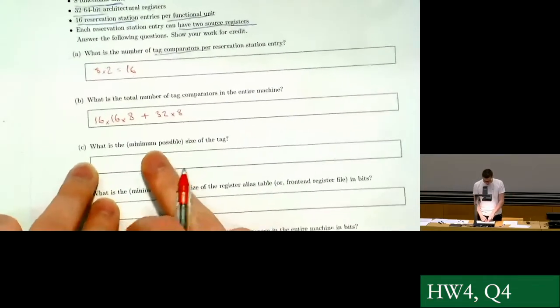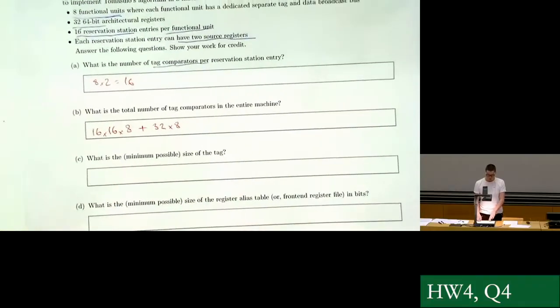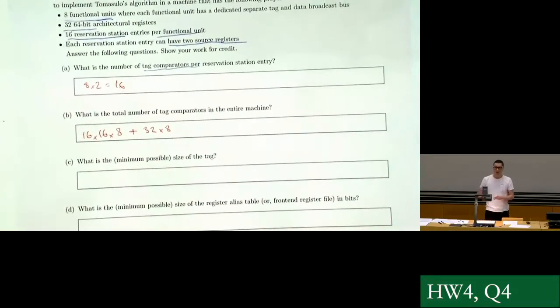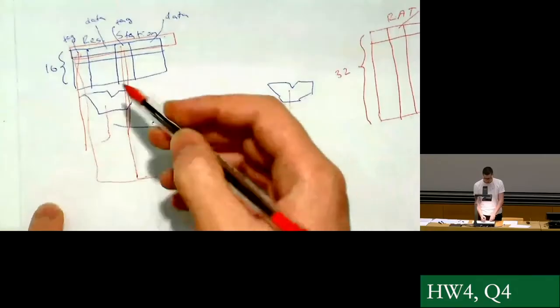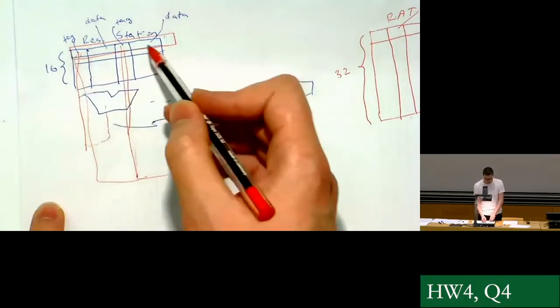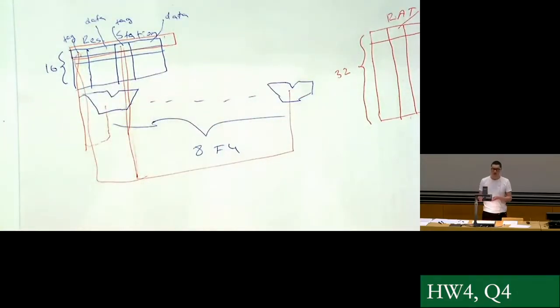What is the minimum possible size of the tag? So this depends on how many entries you have in all reservation stations, right? So as we show here, in a single reservation station, you may have 16 entries for which you can do some computation and produce a result, right?